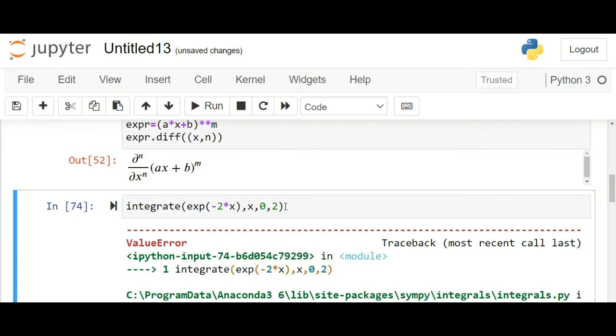then again x comma 0, x comma 0 and yes. So infinity in sympy, lower letter, we want to write lower letter twice.